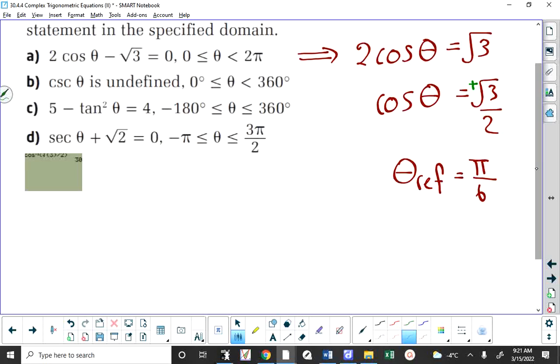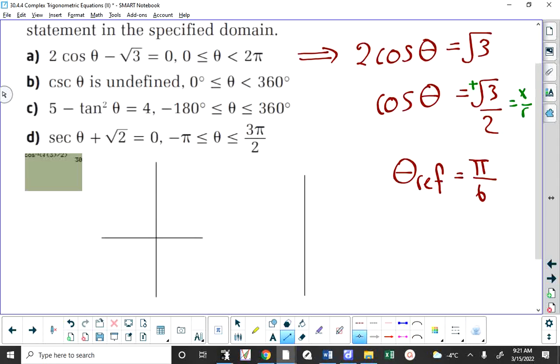Cosine of theta is x over r. This is equal to the x coordinate on the point on the terminal arm over r, which is the distance from the point to the origin. So how can cosine of theta be positive? Well, it can be positive whenever x is positive. And x is positive in quadrant 1 and quadrant 4. X is positive in this quadrant and in this quadrant.